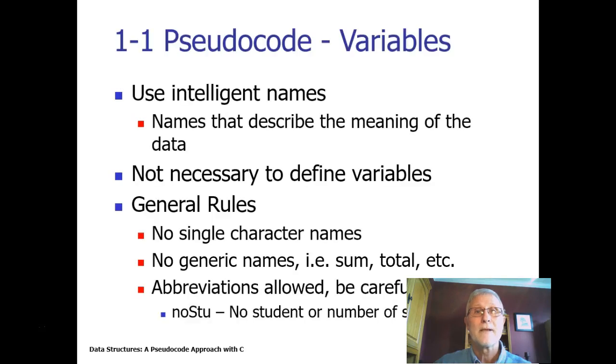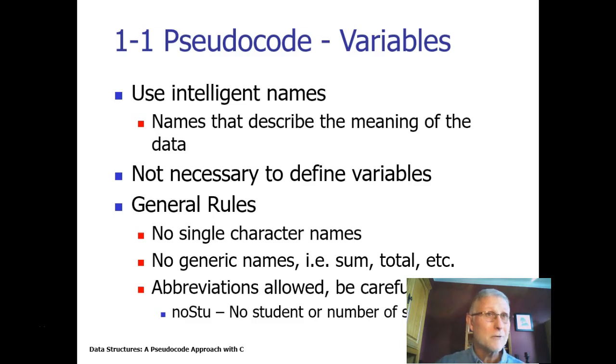So the next thing is variables. One, you've got to use intelligent names. It's got to give some meaning to describe the data. You don't have to define variables like you do in programming languages, but there are some general rules. One, no single symbols. You won't see an X or an I. No generic names like sum or total.